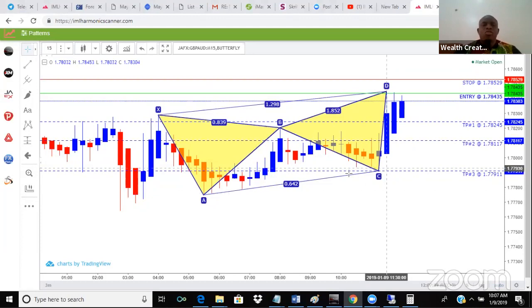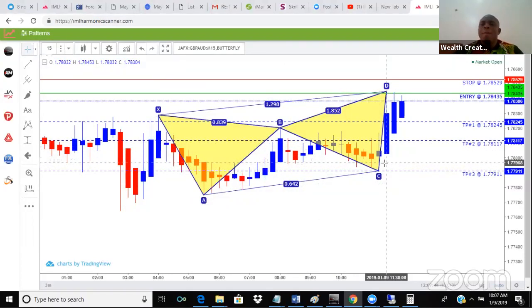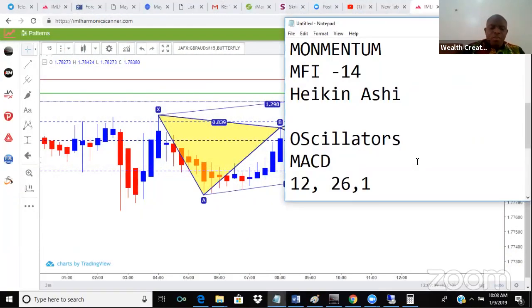It shows the momentum with either a blue or red candle. If I see a blue candle, for me to know it's a momentum candle, it must be a flat bottom.